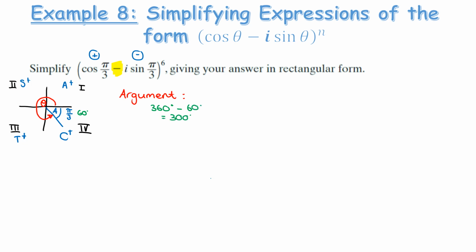But we're working in radians, so if you have page 13 open in front of you, you can do these conversions quite quickly. 360 degrees is 2π. Take away the angle which we have, which is π/3, and that is 5π/3. And that's what gives us θ, the argument.